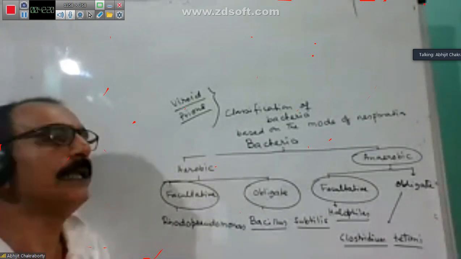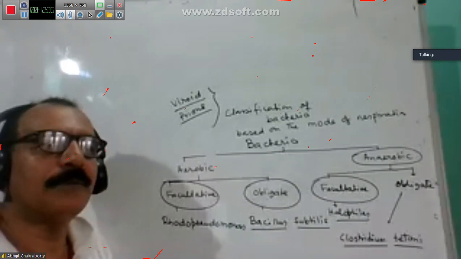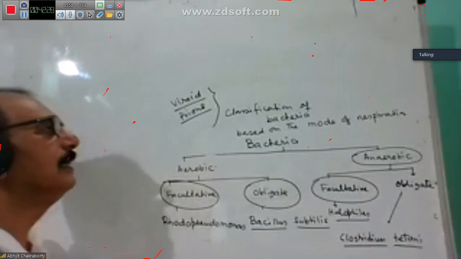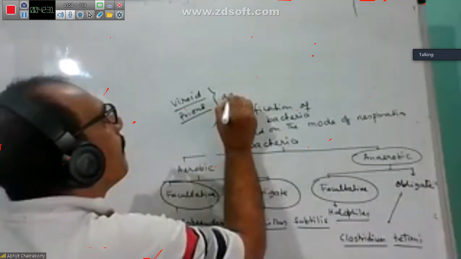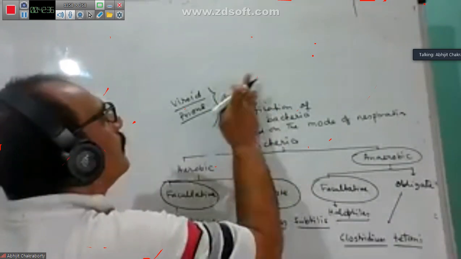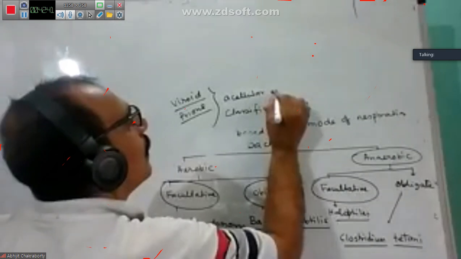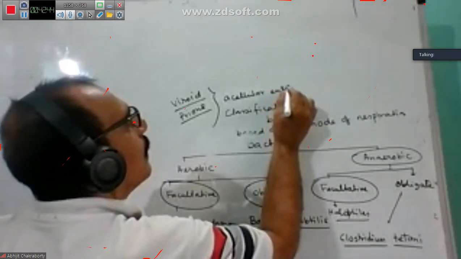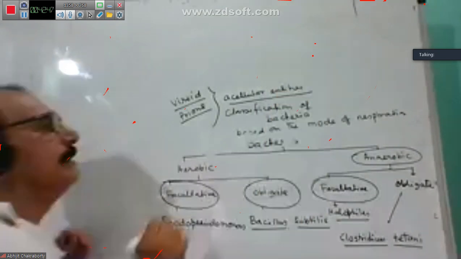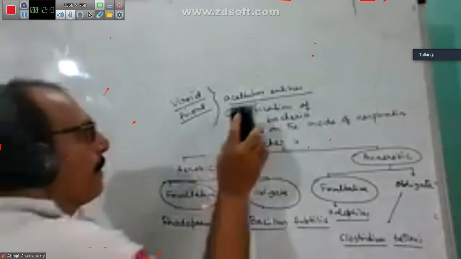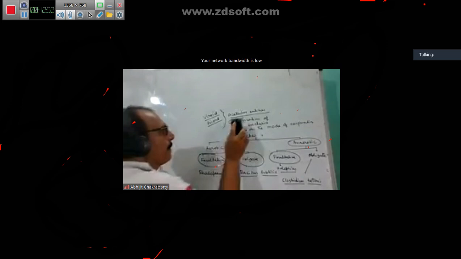They are both acellular entities. But viroid is not a virus.